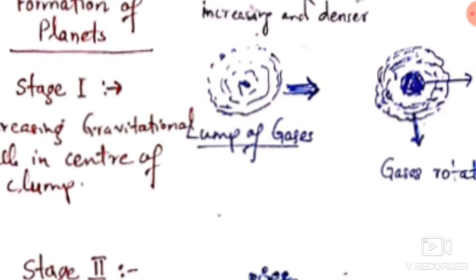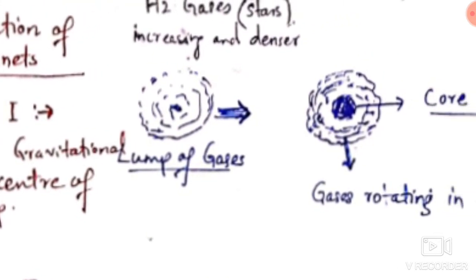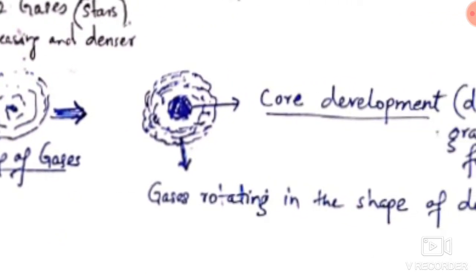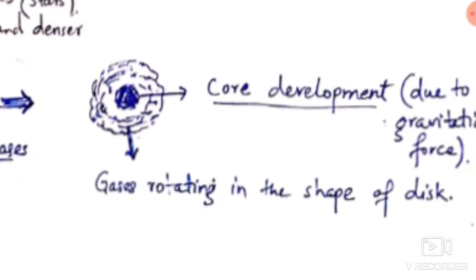They attract the molecules of the gases around them, which stick to it and solidify the center. So the first stage of the formation of planets represents the development of core, around which all the lighter molecules of the gases are revolving in the shape of a disk.